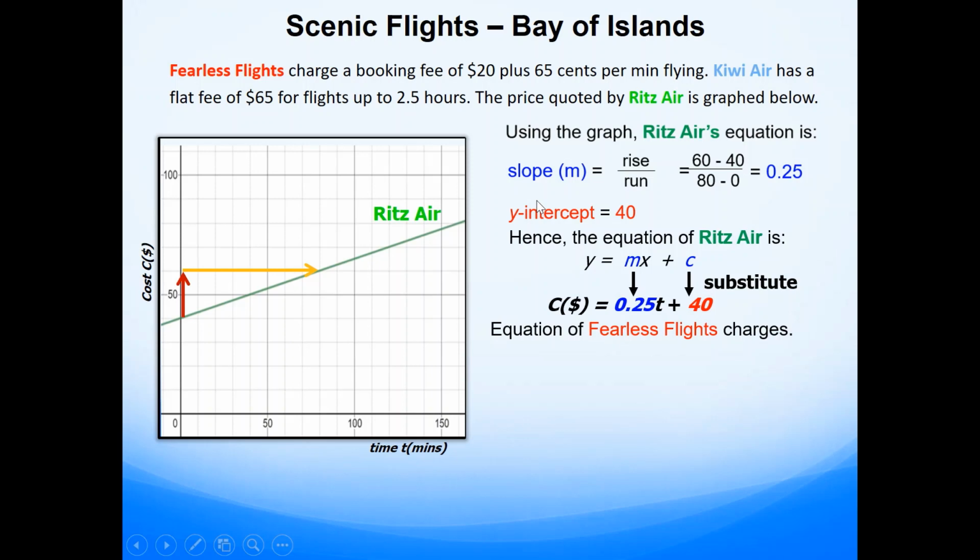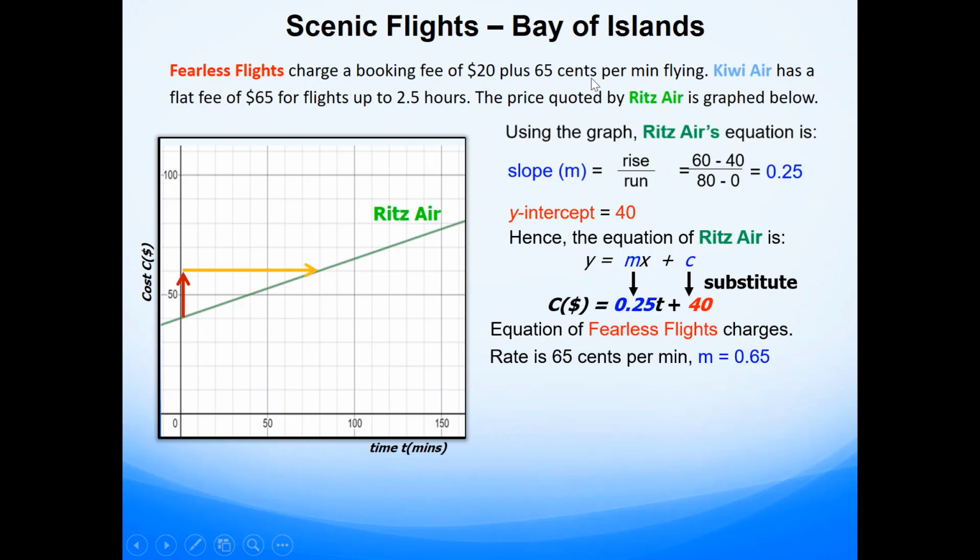So we'll do the same. We'll find the equation for Fearless Flights using the information they have supplied. We still need two pieces of information for this as well. We're given 65 cents per minute, and we know that that's the rate. So the rate is 65 cents per minute, and that is the gradient value, which is 0.65.